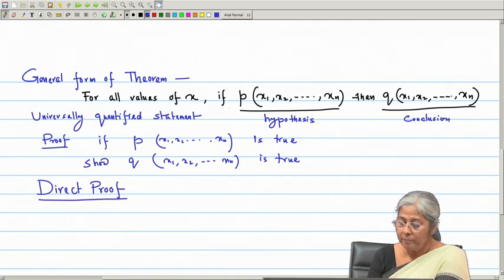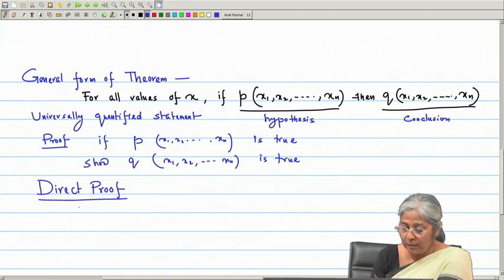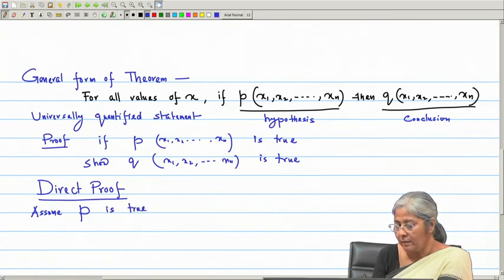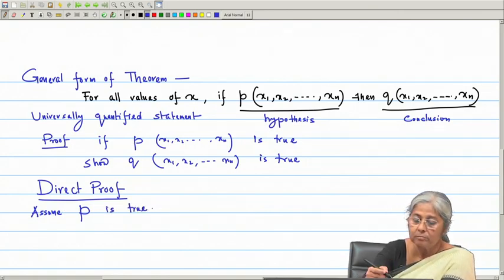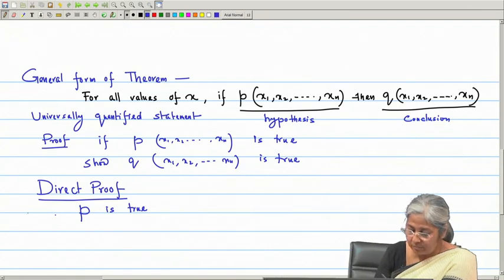In a direct proof, if P is true, that means the hypothesis, we assume P is true, or better I write, using P is true, since here it is already given.